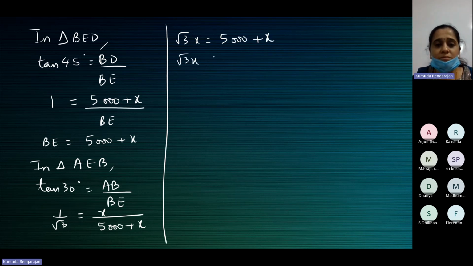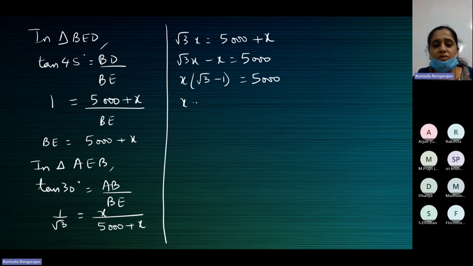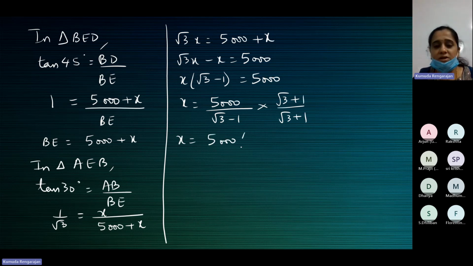Root 3 X minus X. Whenever you're solving for X, you should have all the X on one side. So X common, X times root 3 minus 1 is equal to 5000. So X is equal to 5000 divided by root 3 minus 1. You'll have to rationalize the denominator with the conjugate, root 3 plus 1. So X is equal to 5000 into root 3 plus 1, divided by (a minus b) into (a plus b), which is a squared minus b squared.